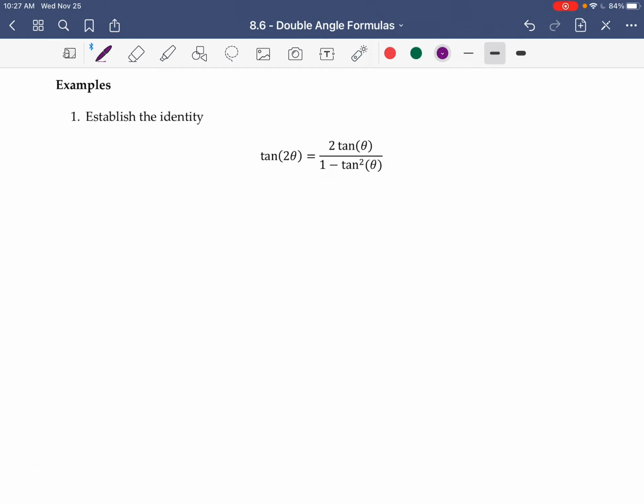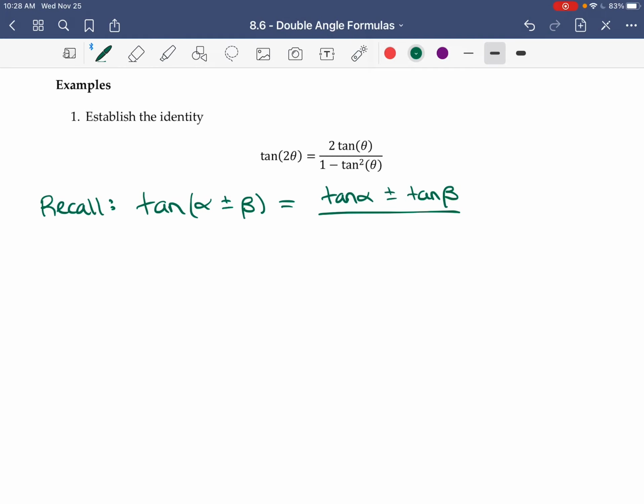Let's remind ourselves, recall that we know tan of alpha plus or minus beta is tan of alpha plus or minus tan of beta over 1 minus or plus tan of alpha times tan of beta. Remember these two are the same and this one is flipped.